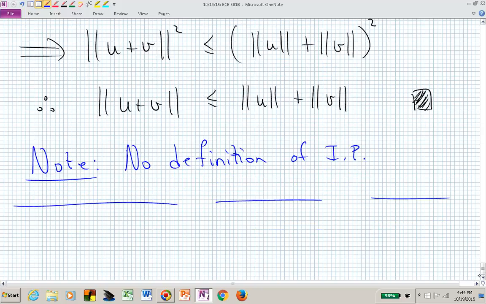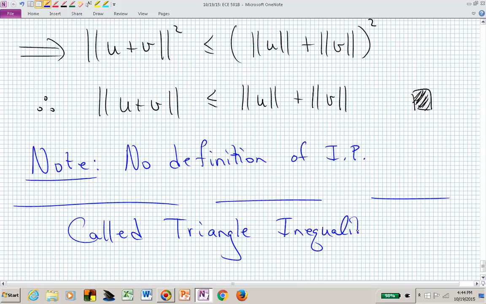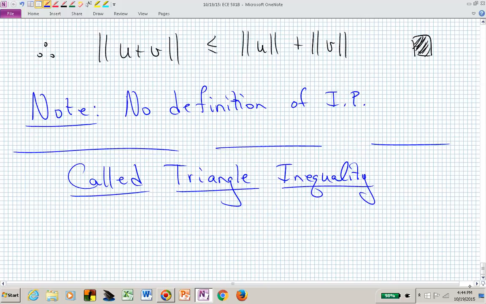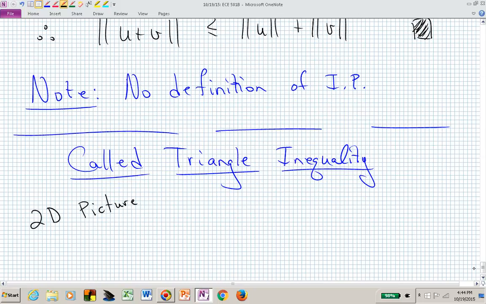And this is called the triangle inequality for a reason. And so we might as well just remind ourselves of a triangle. If we sketched a triangle in 2 dimensions, then we could say, let me draw u and v.